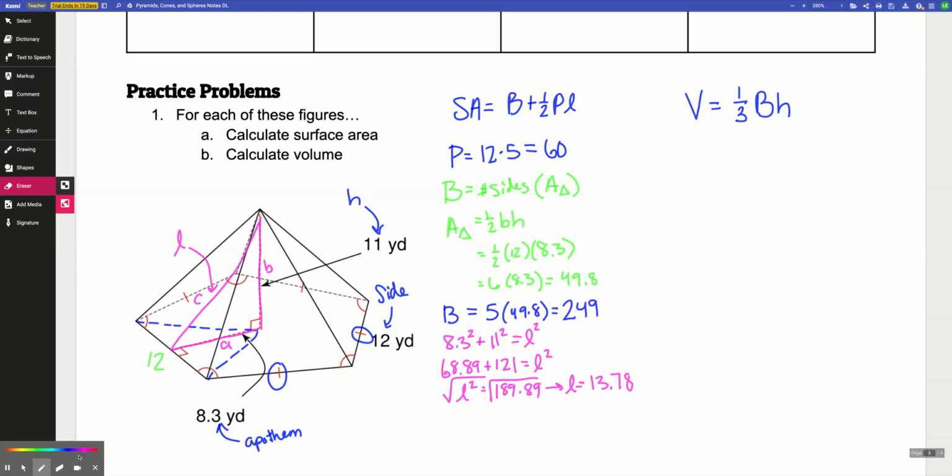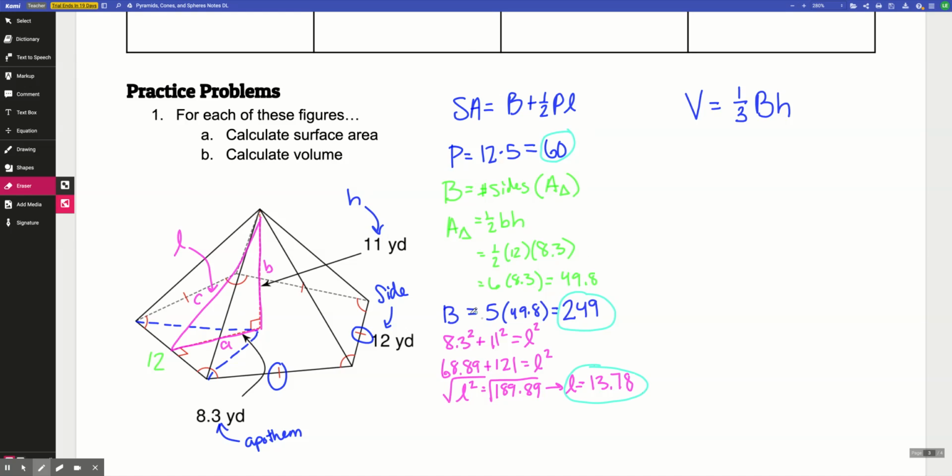Okay, so now I have everything that I need in order to solve this. Okay, I have the perimeter of my base shape, I have the area of my base shape, and I have my slant height.